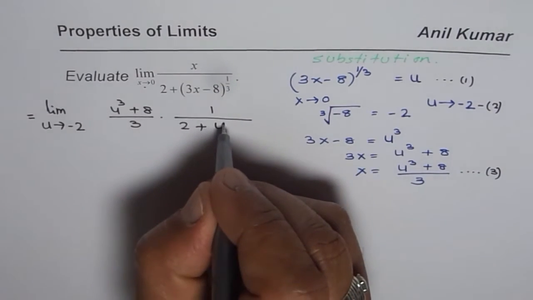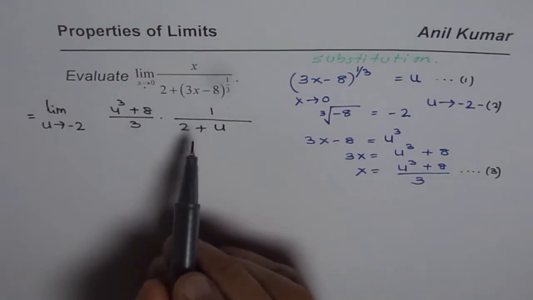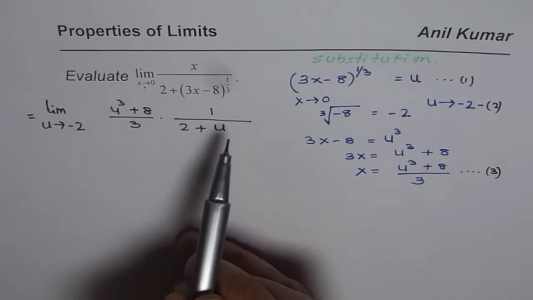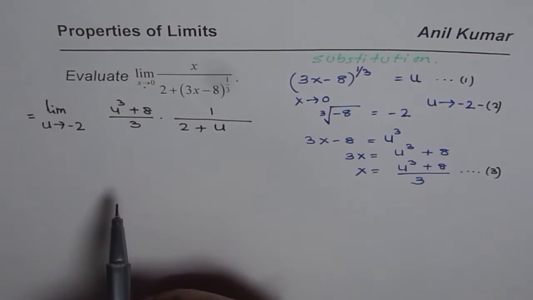So 2 plus u. So that is how we are going to substitute u in this particular function, correct?